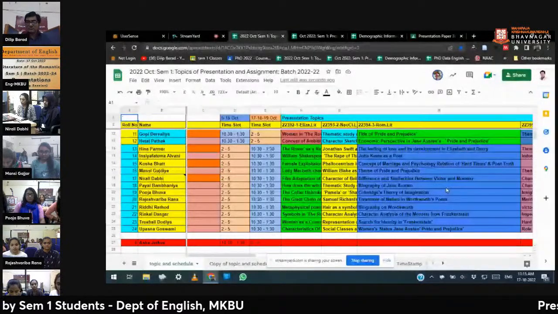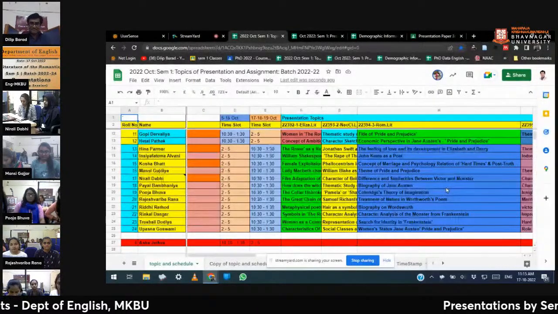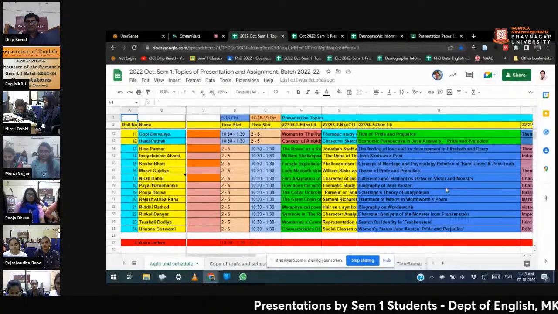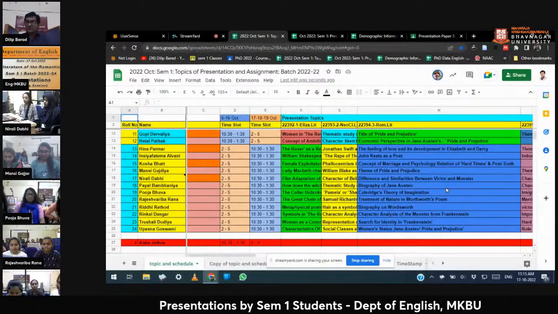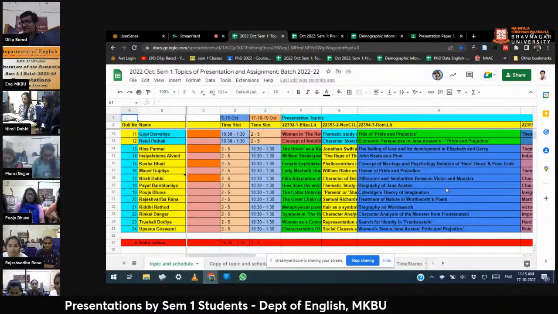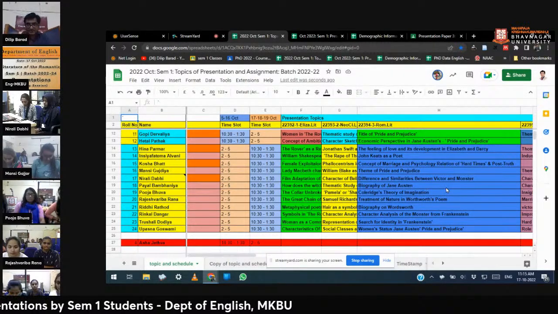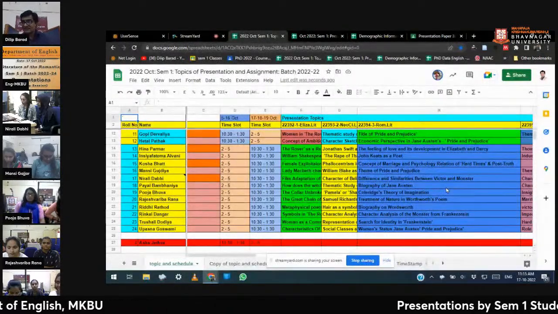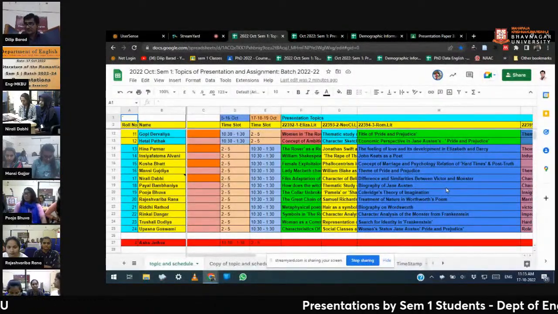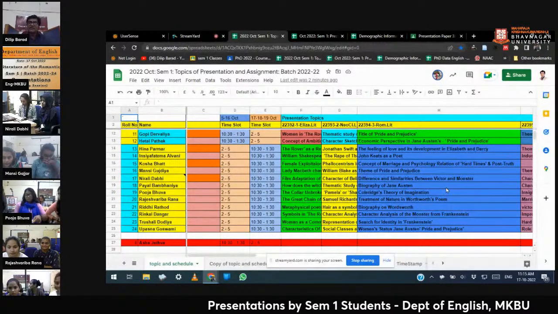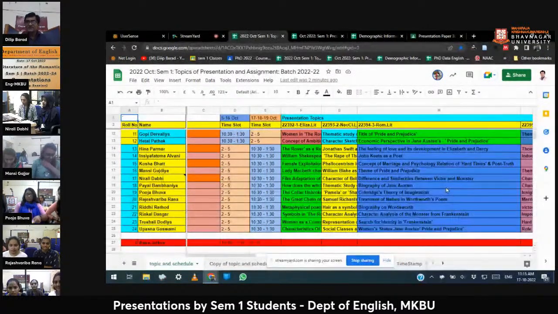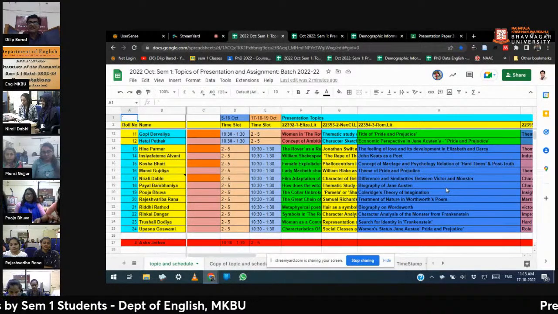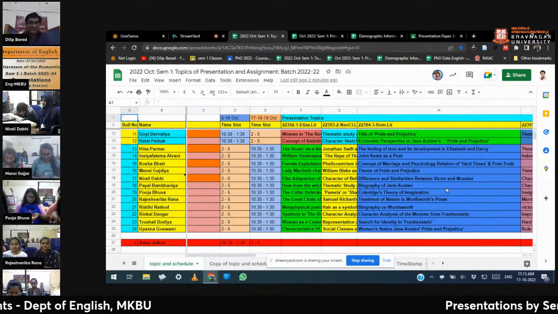You can make it shorter, for example, the theme of love: Elizabeth and Darcy. From which text is it? Pride and Prejudice. Okay, so that way you can make it better rather than using a full sentence in a title.